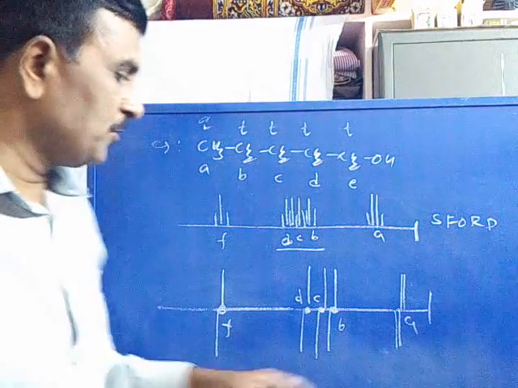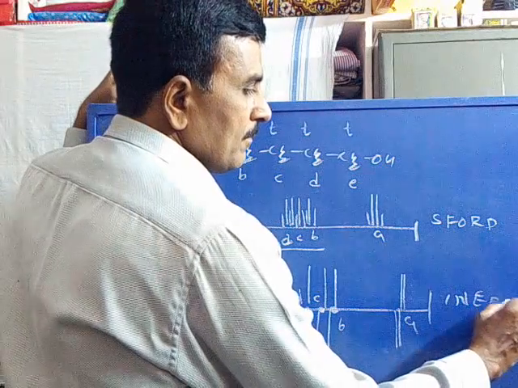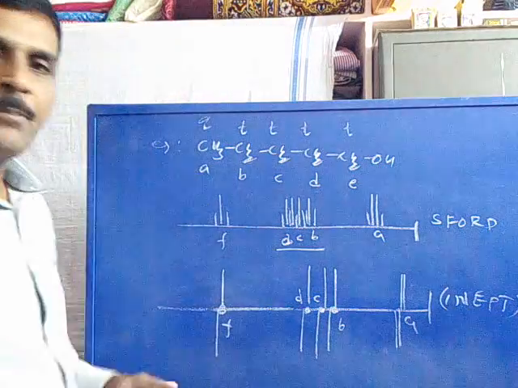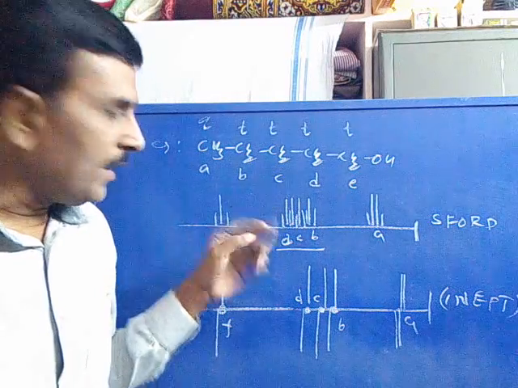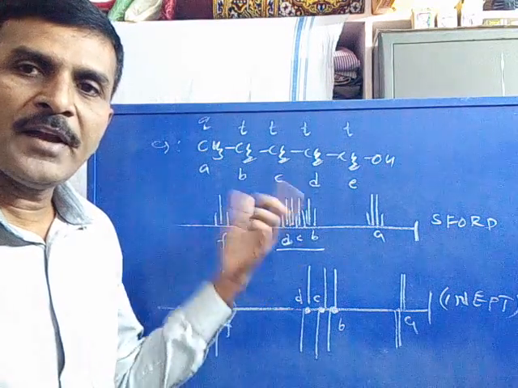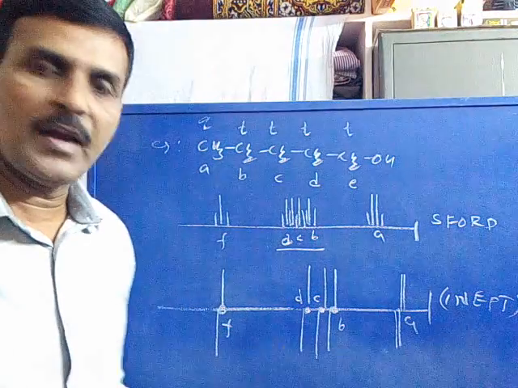Is it clear? Now this is the INEPT spectrum. You can see that in the SFORD there is overlapping, unpredictable. B, C, D carbons are unpredictable due to their overlapping.